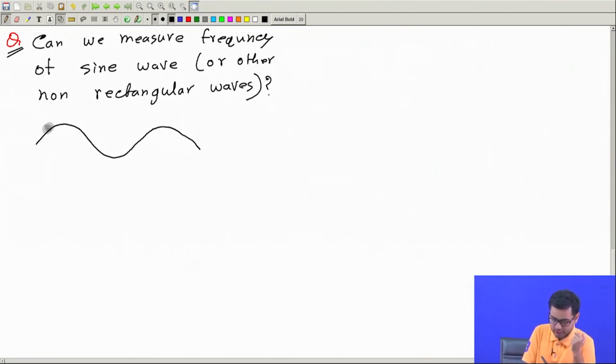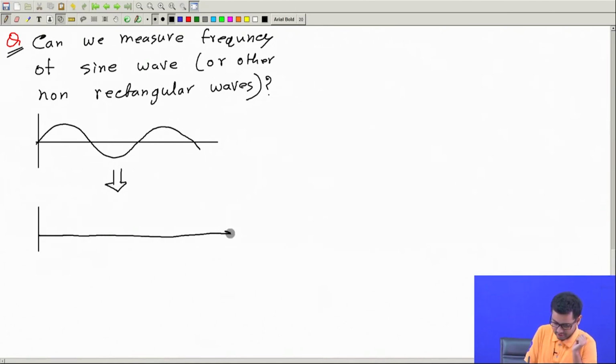We have to somehow convert this sine wave into a square wave with the same frequency, and then we will give it to the counter. So, this is the sine wave. We will convert it into a rectangular wave with the same frequency, that is important.